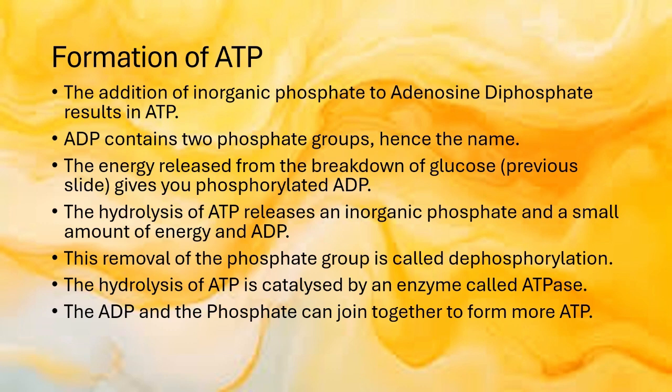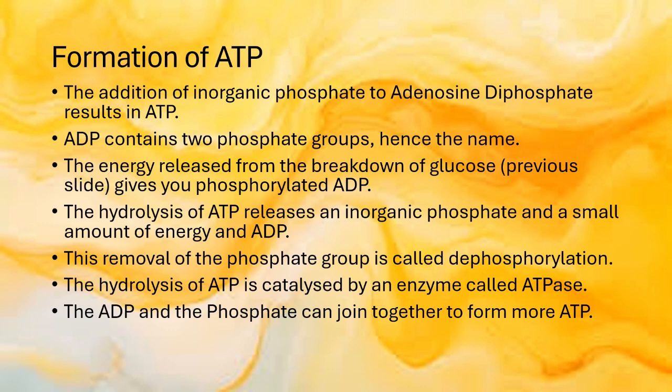This removal of the phosphate group is called dephosphorylation. So the word dephosphorylation literally translates to getting rid of the phosphate group, as shown by the first bit, the prefix D. The hydrolysis of ATP is catalyzed by an enzyme called ATPase.